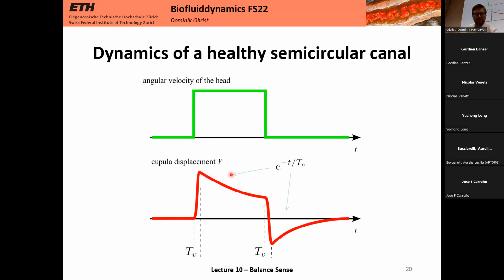Apart from this short reaction time, the red curve would pretty exactly reflect the green curve. Only if this motion persists or remains constant for a long time, and by long I mean 20, 30 seconds, then we start seeing this significant decay, and at the end, the overshoot to the opposite side.